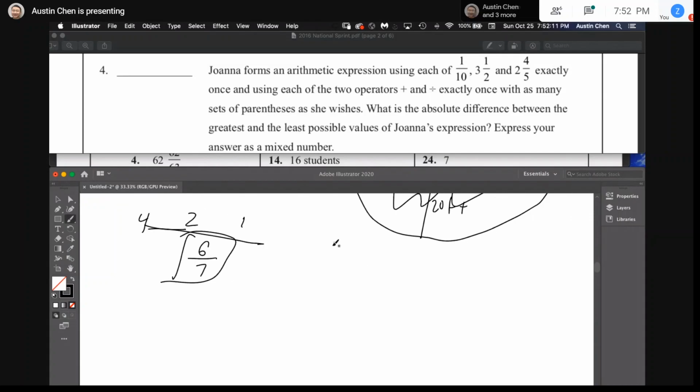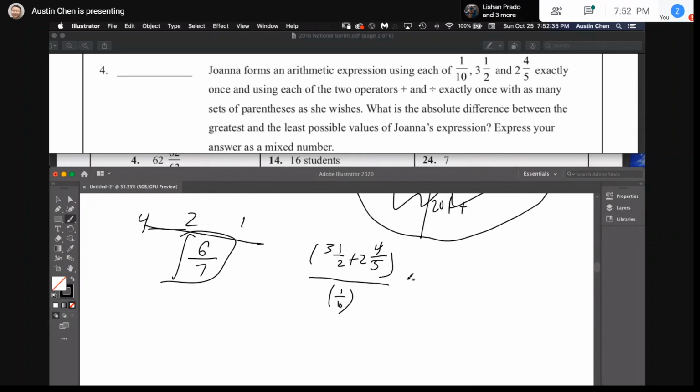So all right, to maximize it, we're going to want to divide by 1/10, right? You want to divide by the smallest value so that it multiplies by the biggest value, right? And we want to add these 2 values together because it's in the numerator and we want it to be as big as possible.